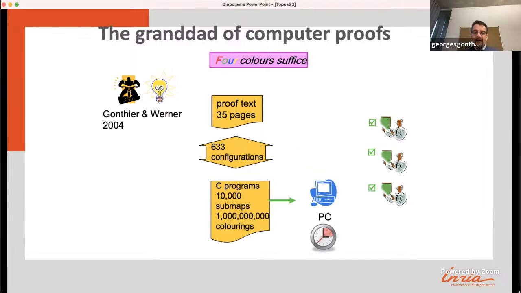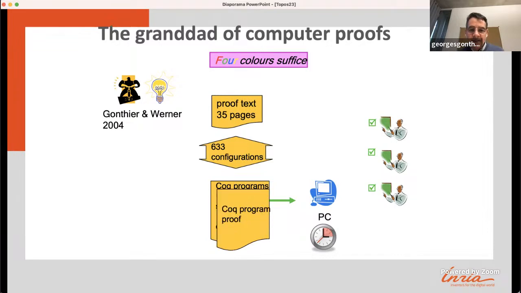And my improvement on this was to replace the C programs, whose meaning was not exactly well defined, with something a little more mathematical: programs written in basically a subset of lambda calculus that has a clear mathematical semantics.